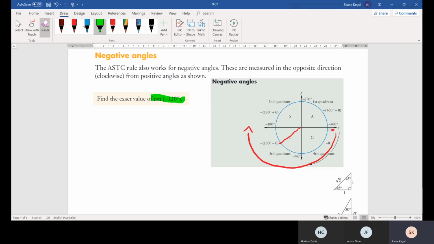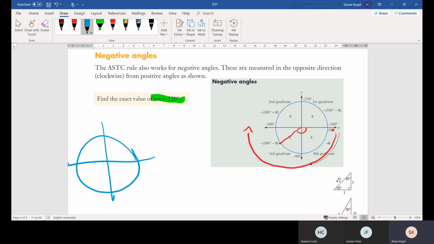So let's solve over here. Drawing my unit circle as I always do, all stations to central. Now, the all stations to central doesn't change. So we're in this quadrant down here, meaning tan's the only positive, meaning because we're looking at tan, we're going to get a positive result.